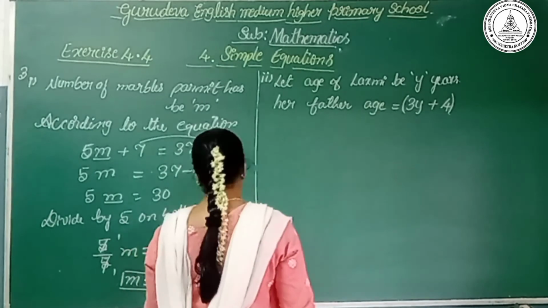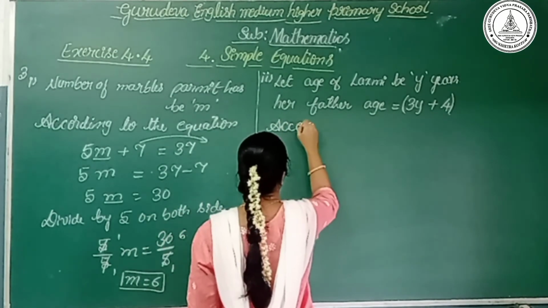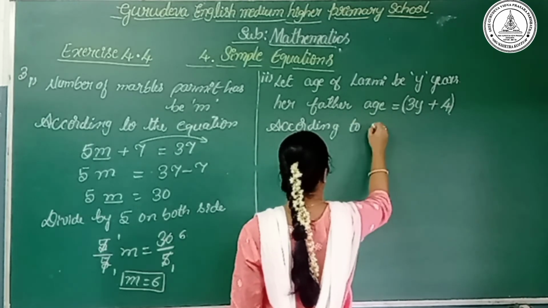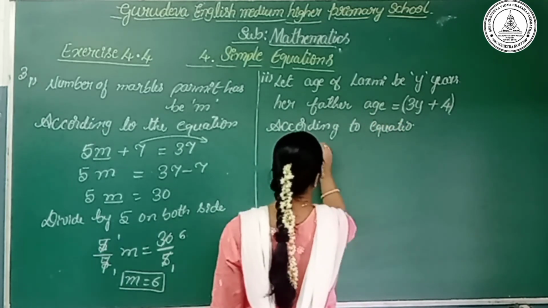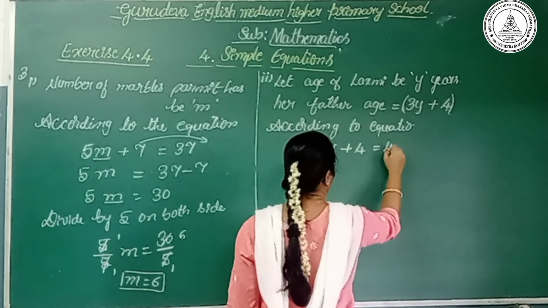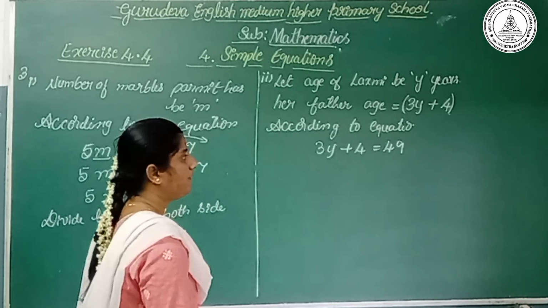So according to the equation, what is the equation here? According to the equation, we will get 3 times y plus 4, which is equal to 49. At present Lakshmi's father's age is 49.